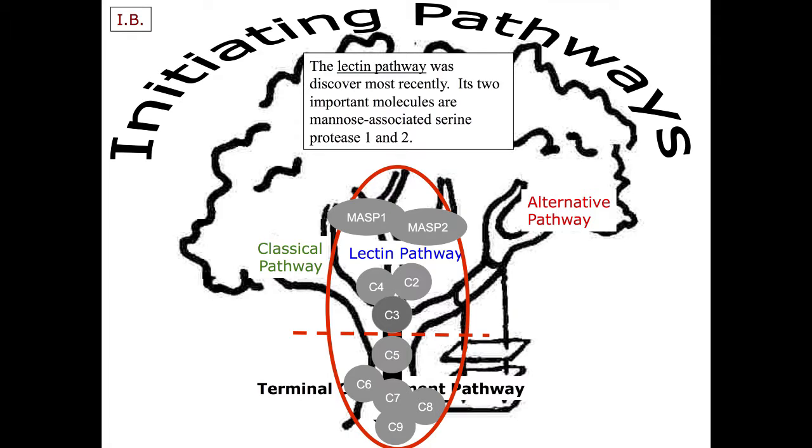And then the most recent pathway discovered is the lectin pathway, and its nomenclature is even different. And the lectin pathway, like the classical pathway, feeds into C4 and C2. Both the classical pathway and the lectin pathway patrol and look for specific protein signatures of foreign invaders.